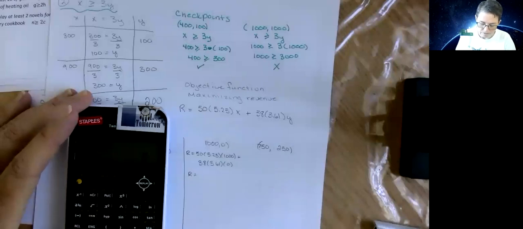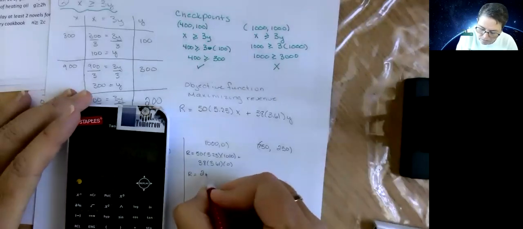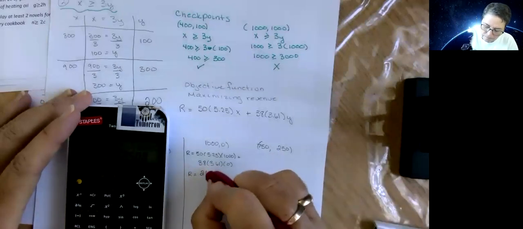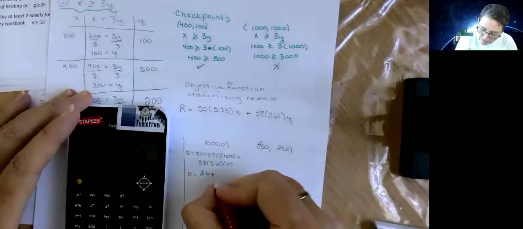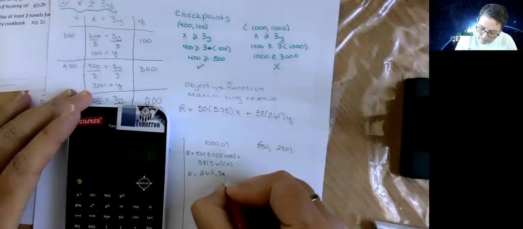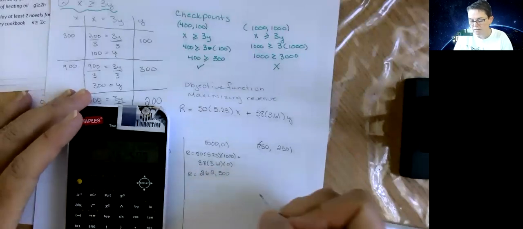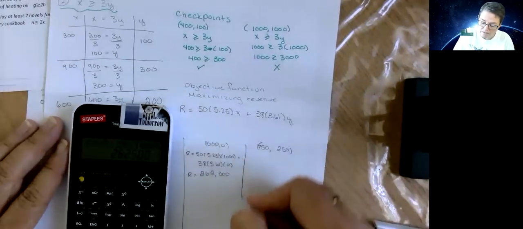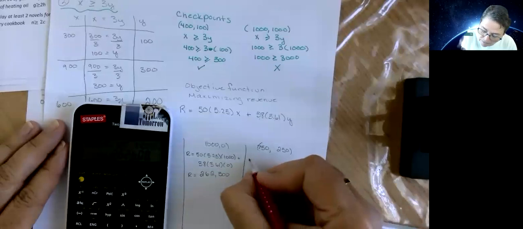Times 5.25 times 1,000. So 262,500 plus 0. So I'm just going to ignore that. Well, I guess it kind of makes sense. He makes more money off the wheat, and it grows more per acre. So if we want to maximize our revenues, it should be that. But let's try this one anyway.